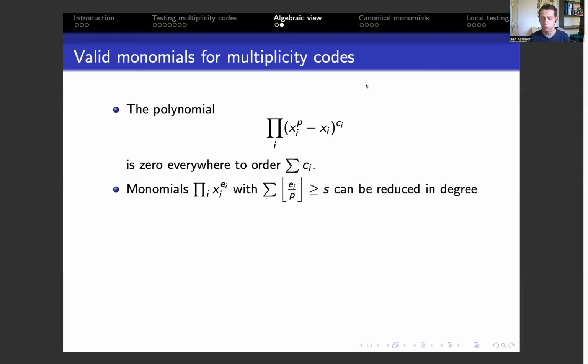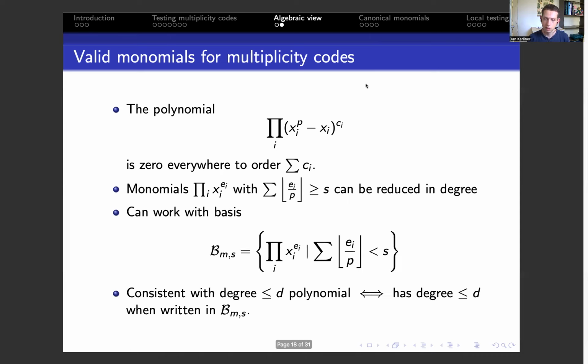And in fact, in our previous work, we showed the converse. It's basically if a polynomial evaluates everywhere to 0 together with its derivatives, then it's a linear combination of these type of polynomials. So we can just take as our basis all monomials where the sum of the integer parts of the degrees divided by p is less than s.